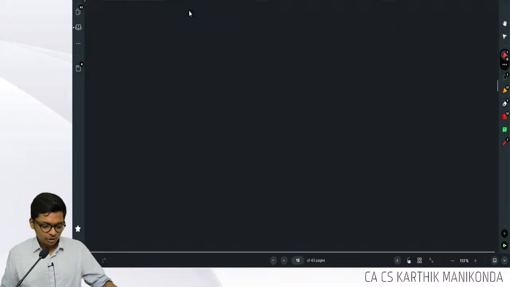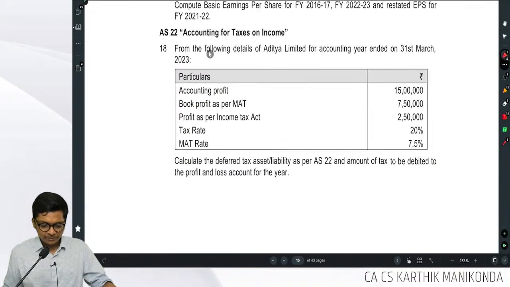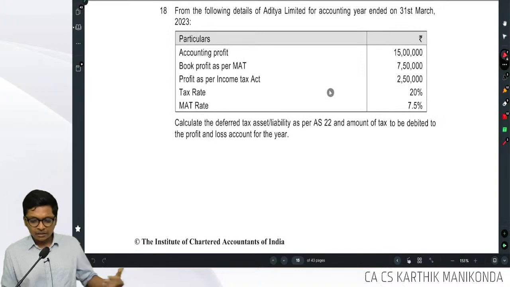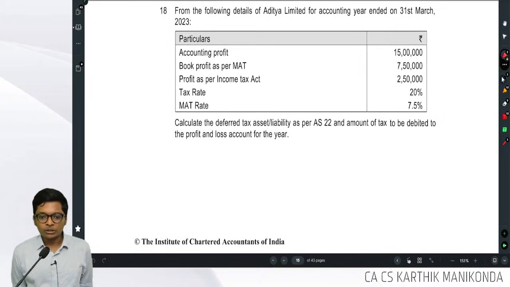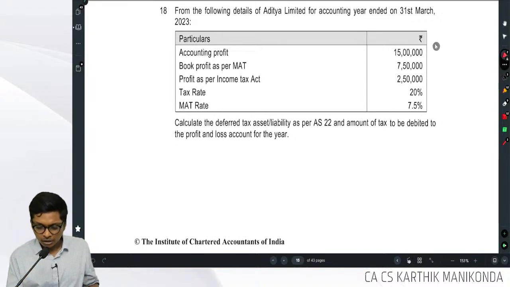Question 18. So let me go to 18, guys. This is a simple sum. Aditya Limited, we have to compute deferred tax asset or liability. Simple. Let's go with the shortcut. Forget the logic. We are in a marathon for exam. Accounting profit, profit as per MAT, and as per income tax.